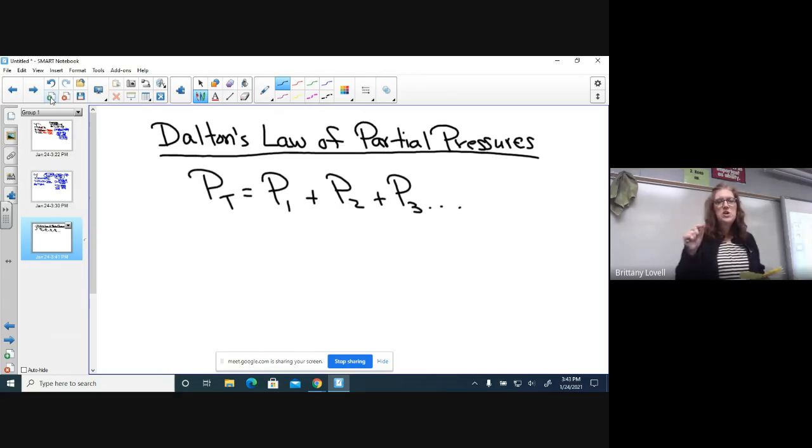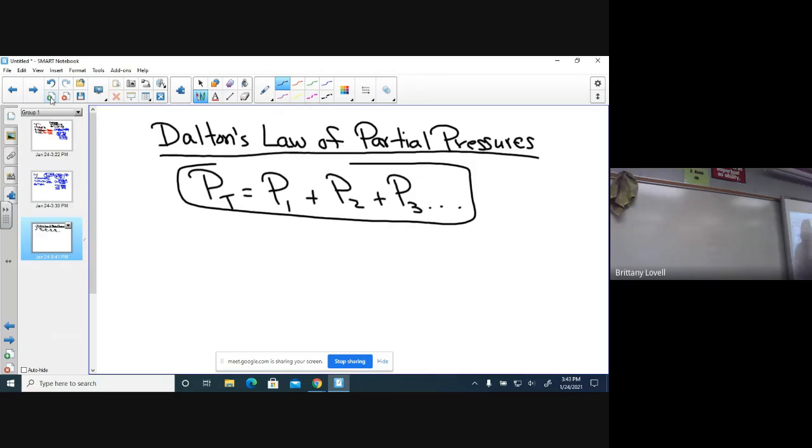Now before we try these out, just like the ideal gas law had another little sidebar, this one also has something called a mole fraction, and it looks like this. So this is Dalton's law, but it's related to something called the mole fraction.